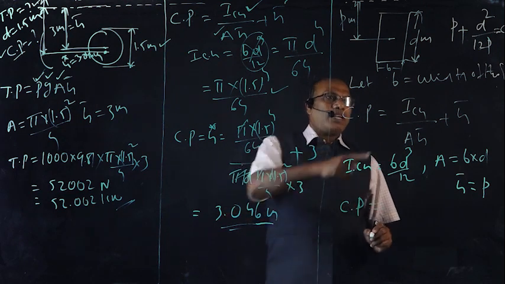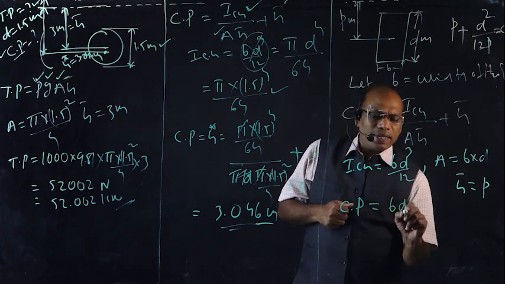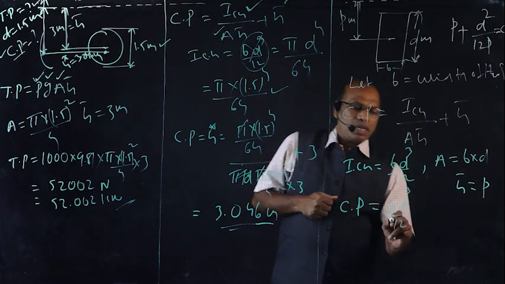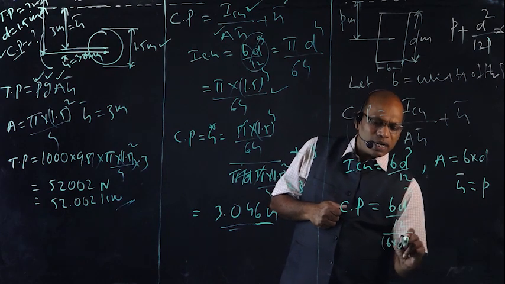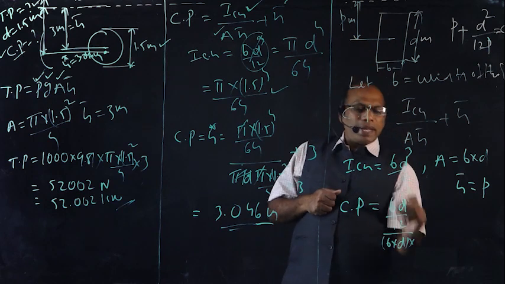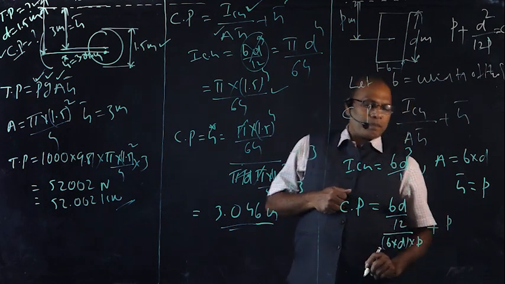Center of pressure is equal to, what is ICG? That is b d cube by 12, divided by A, b into d, into H bar, which is nothing but p, plus p.